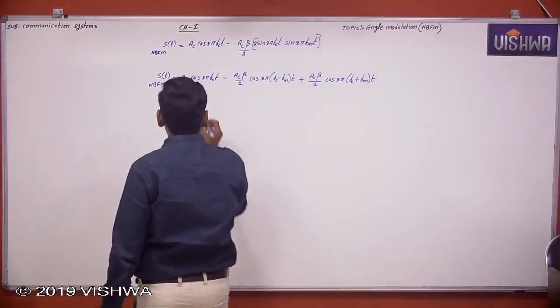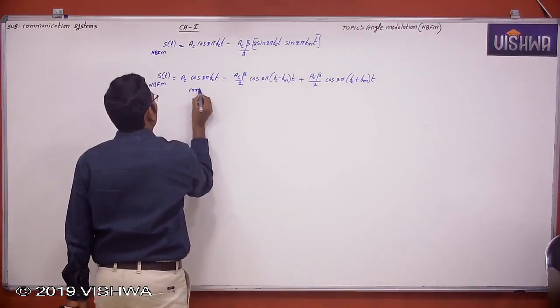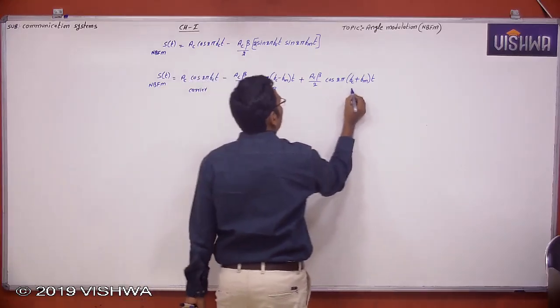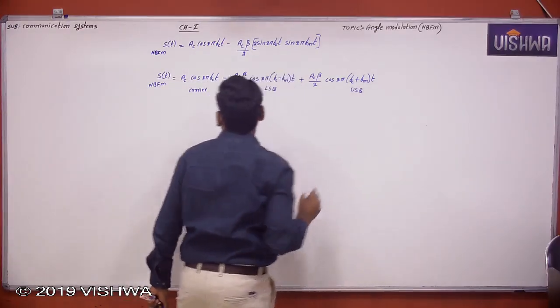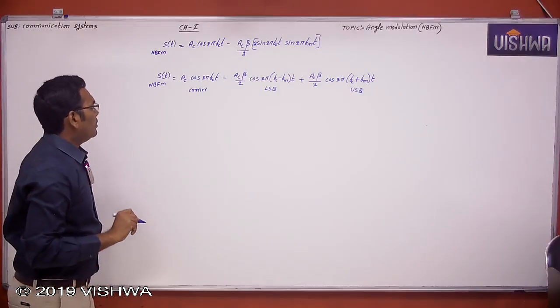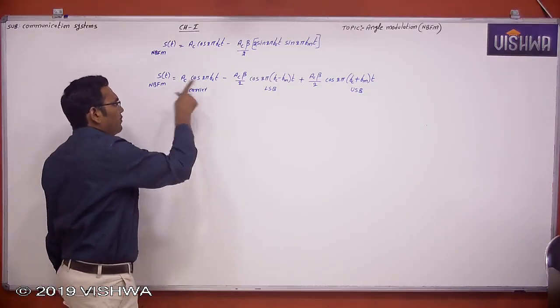Now this is the carrier, this is the lower side band, this is the upper side band, right? Carrier, upper side band, lower side band. This is the narrowband FM wave in time domain.